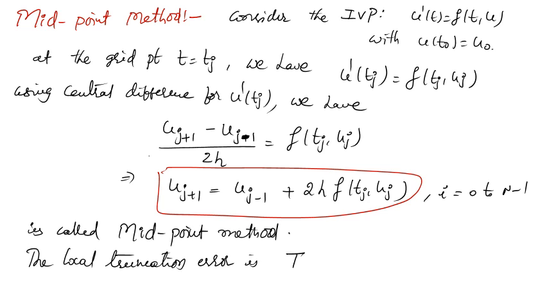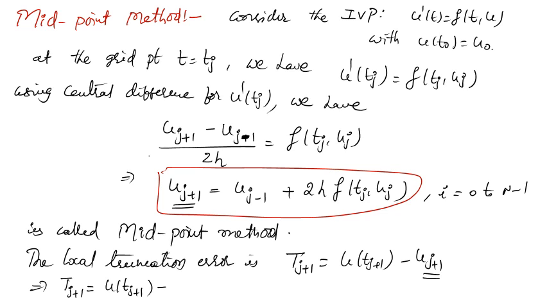Tj plus 1 is equal to exact solution minus approximate solution, right? That implies Tj plus 1 is equal to u of tj plus 1 exact as it is. And what is approximate solution? This is uj plus 1. What is uj plus 1 formula from this midpoint formula? Uj minus 1 plus 2h into f of tj comma uj.